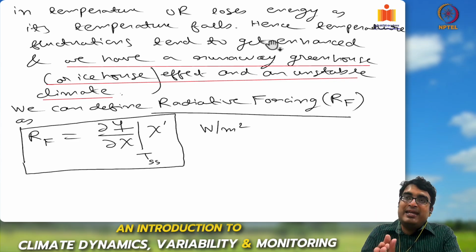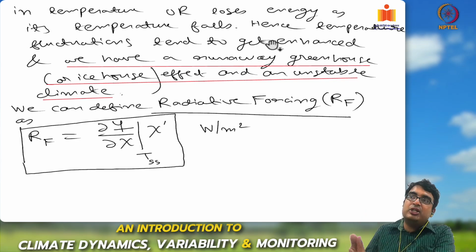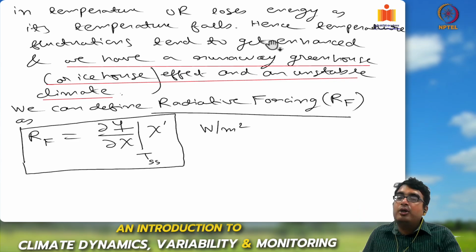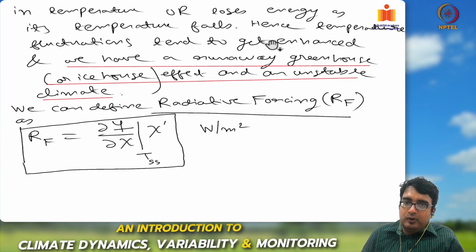So, if the climate's temperature increases, it gains energy, and the temperature increases further, it gains further energy, and the temperature continues to increase more and more. So, we have a runaway greenhouse effect. On the other hand, if the temperature falls, then it loses more energy, so temperature falls further, and we have a runaway ice house effect. Okay. And so, we have an unstable climate.